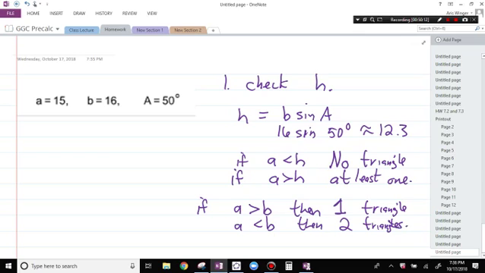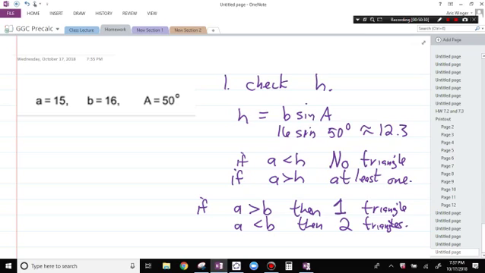When I get really good at GeoGebra, I'll be able to throw this triangle up and play with it. So this one has two triangles? That's right, because 15 is less than 16, and I think it's barely going to squeak in there, but we'll see.